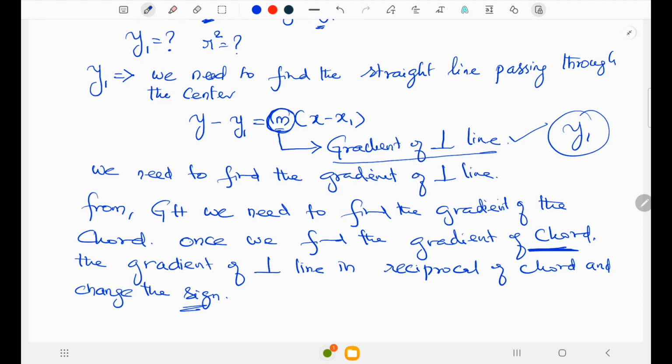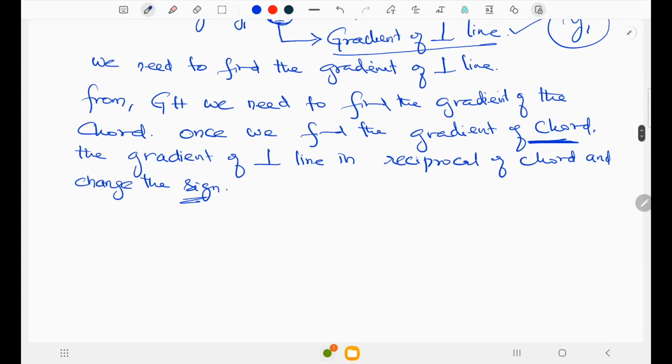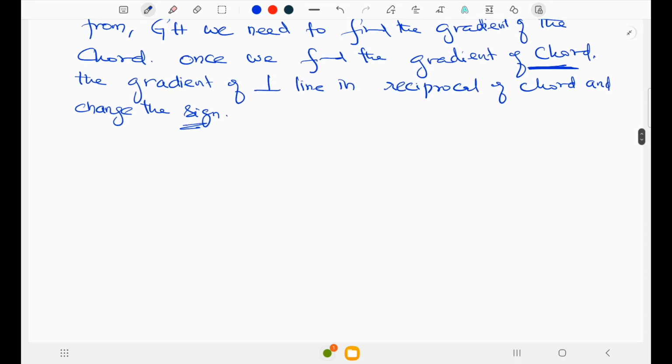Okay, this is how. So let's start with finding the gradient of the chord. I am going step by step. Gradient of the chord, say GH is the chord, right? So gradient equals minus 2 minus 6 divided by 9 minus 21.